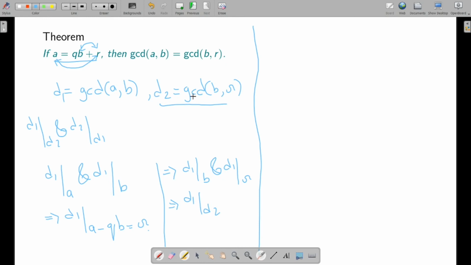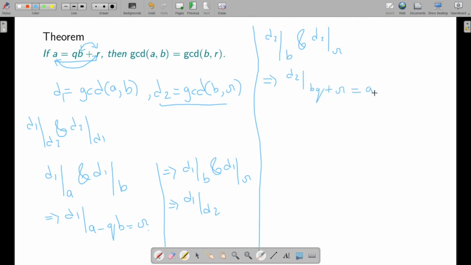D2 is a GCD of B and R. So therefore by the second property again, D2 will divide B and D2 will divide R. And therefore D2 will divide any linear combination, which means that D2 will divide BQ plus R. What is BQ plus R?